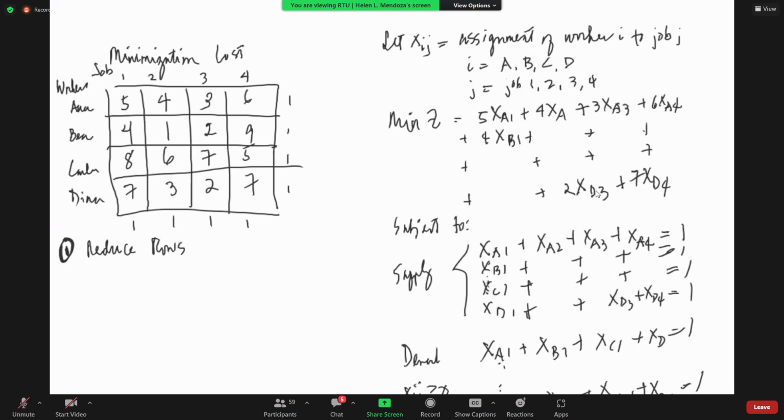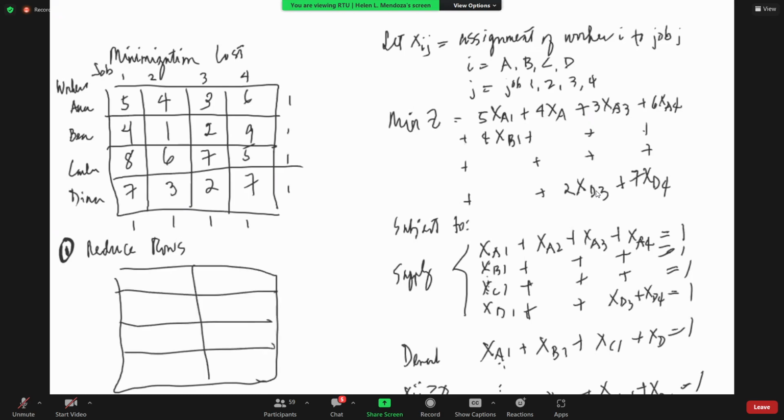So pag reduce row, kunin mo lang ulit yung 4. So you have A, B, C, D, 1, 2, 3, 4. So we have 4 rows, rows A, B, C, D. So take a look at the values for row A. We have 5, 4, 3, 6.